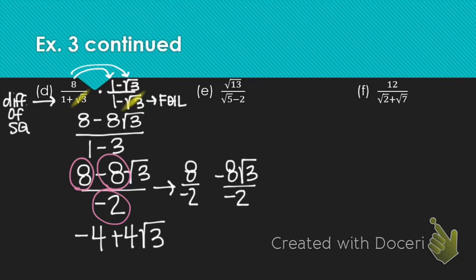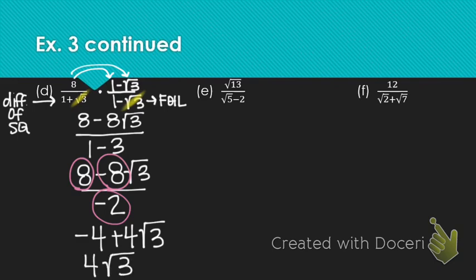So 8 divided by negative 2 is that negative 4, and negative 8 divided by negative 2 is that positive 4. So you can include that in your notes if you need to, but this is how we end up with negative 4 plus, oh, and wait 1 second. Remember, I want the radical term first, so we're going to switch it. 4 times the square root of 3 minus 4, and that will be my final answer.